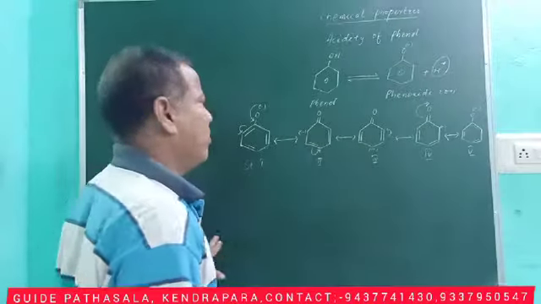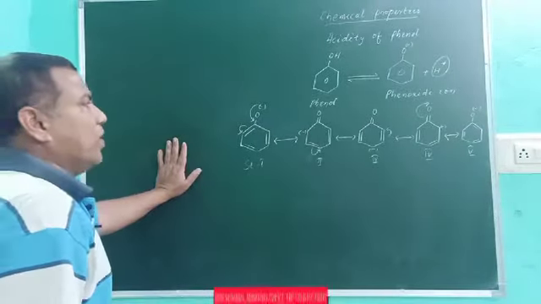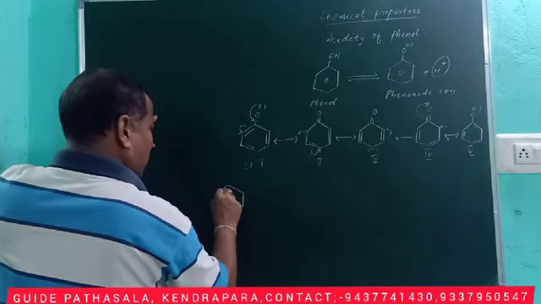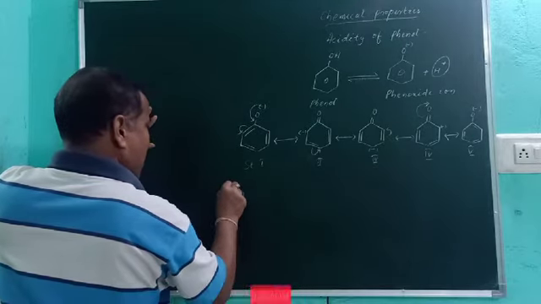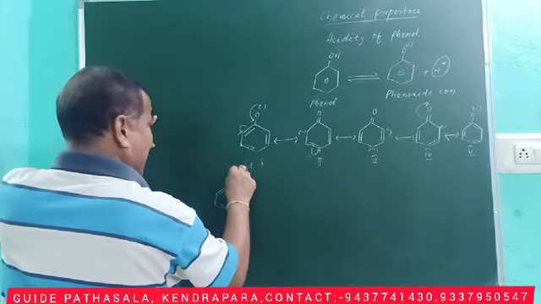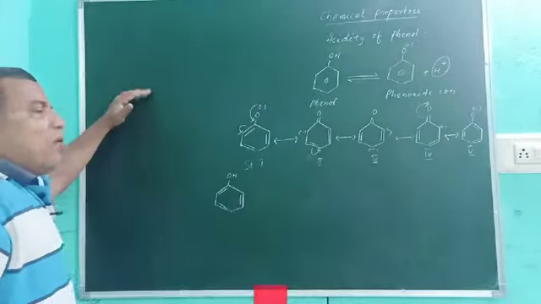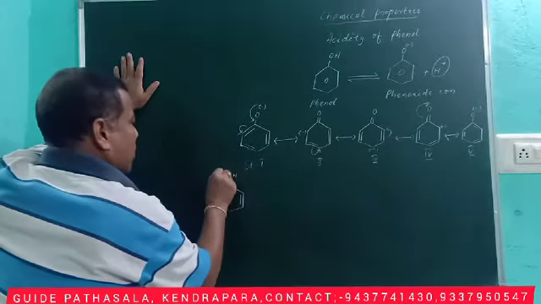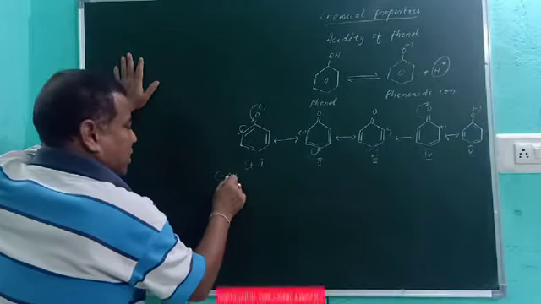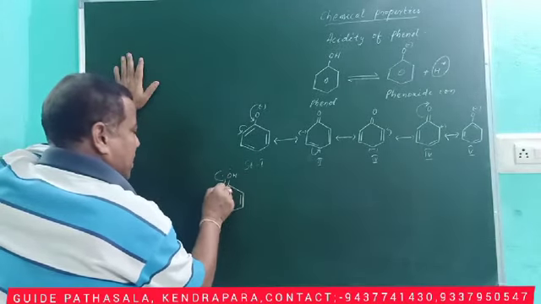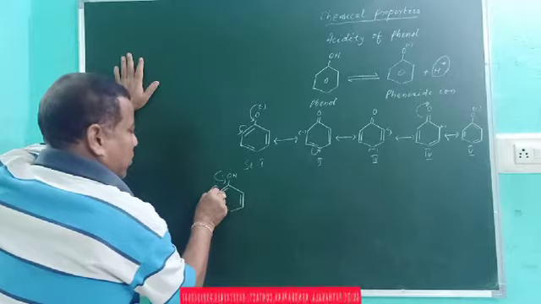Considering the phenol molecule represented like this, as you know, a lone pair of electrons is present over the oxygen atom. When this lone pair comes to this position, a double bond will form here, the oxygen atom will carry a positive charge, and this double bond will shift to this position.